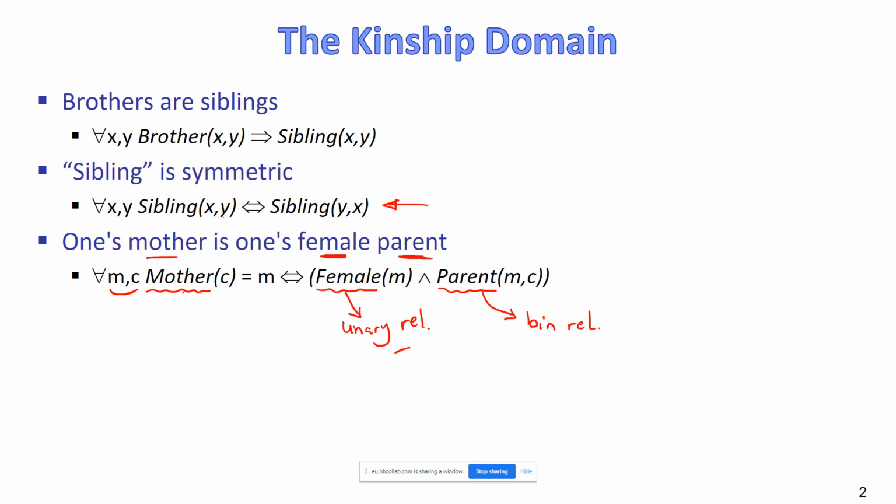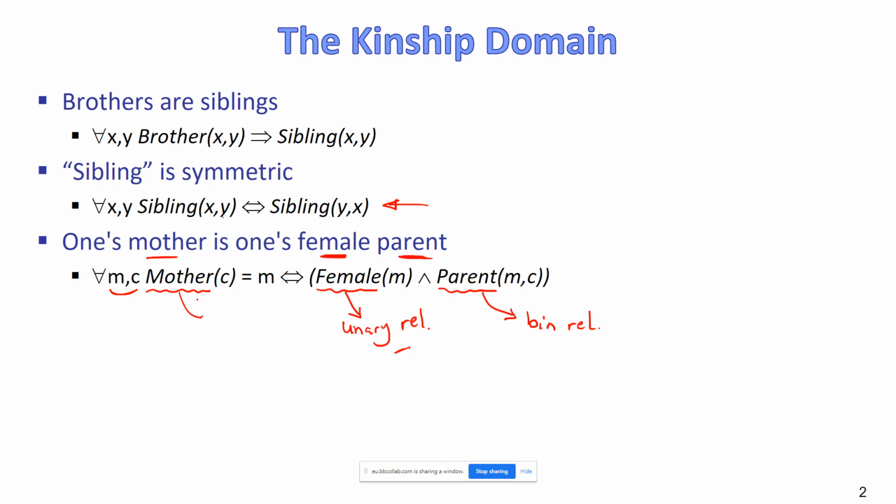Now, how about mother here? It is a function. Why is that? Yes, because it's giving us an object, it refers to an object that is the same object that M refers to.